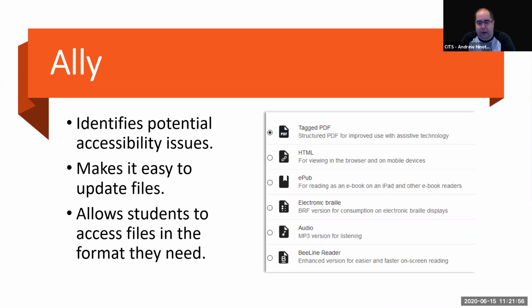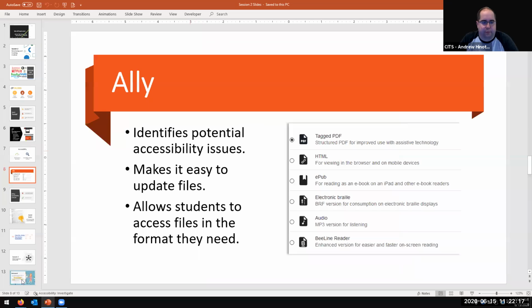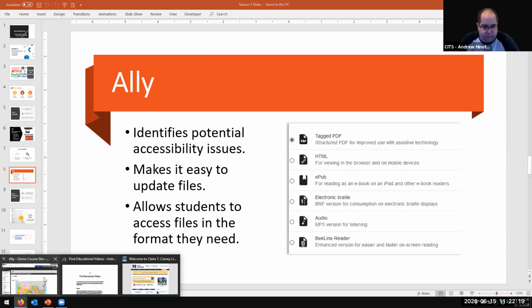I want it in a format that I can read on my e-reader. I need it in electronic braille, if you have a student who has that need. I can get an audio version so that it reads it out loud to me. So if you give it to the system in an accessible format, it's able to convert it to something else that a student might need in the event that they need it. So let me back out of here and go take a look at that.